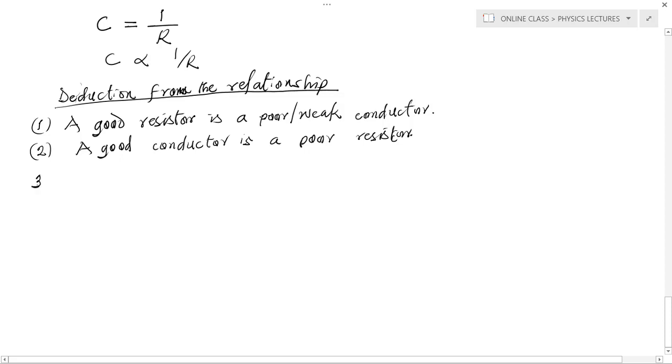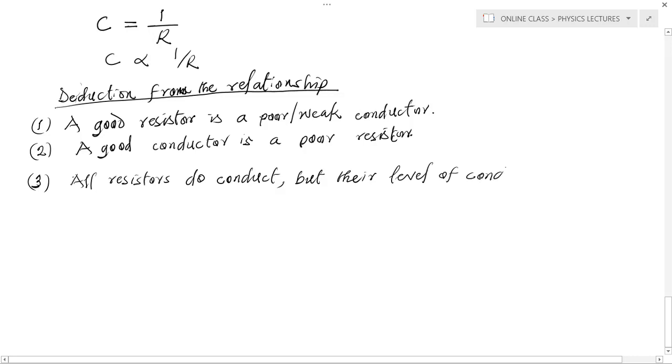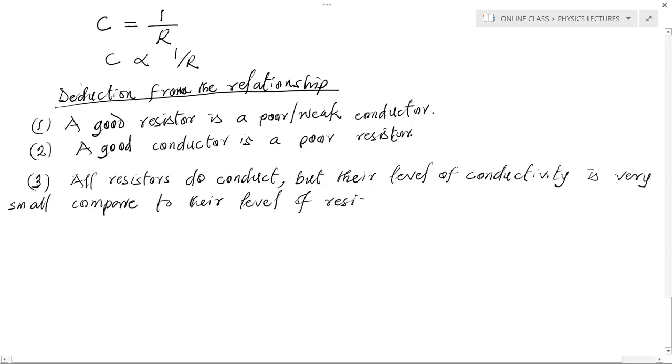So that is what will now take me to number 3. That is, all resistors do conduct, but their level of conductivity is very small compared to their level of resistivity, which means that the resistivity is very high compared to conductivity.